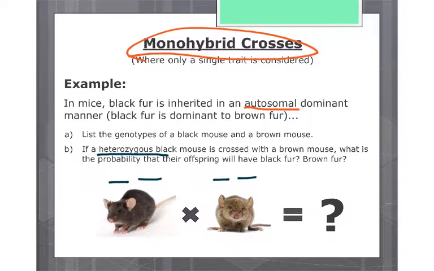So if that black mouse was heterozygous black, I know I need to have 1 big B and 1 little b. If this mouse was brown, I know from the previous question that it needs to be that homozygous recessive. Now, to figure out the probability of that offspring, we are going to look at Punnett squares.